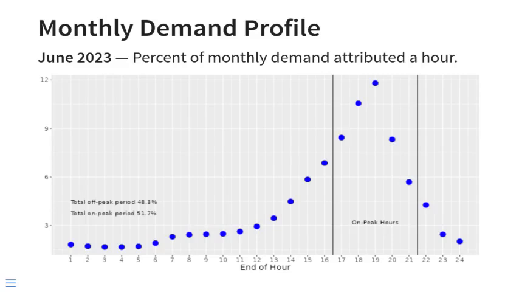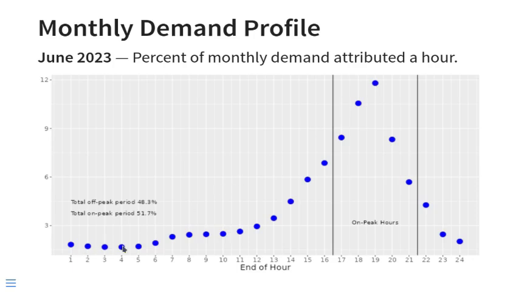Let's apply the shared model to an entire month. For June of 2023, this graph represents the demand according to the hour of the day. So what we're doing is we're looking at every single hour in the month, calculating out what the demand was in the shared model, and then adding up all of those hours and presenting it in terms of the hour of the day. So for June, what you have is 12% of your demand was at 7 o'clock.